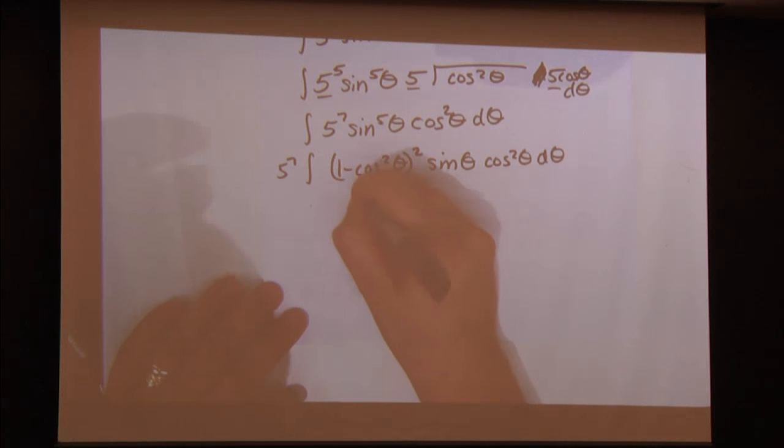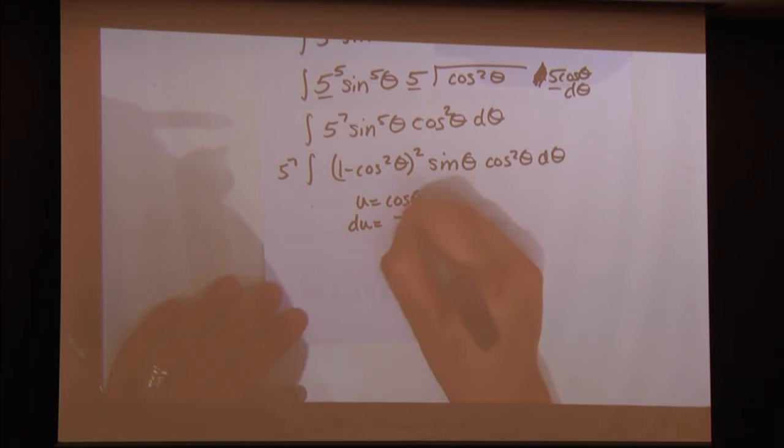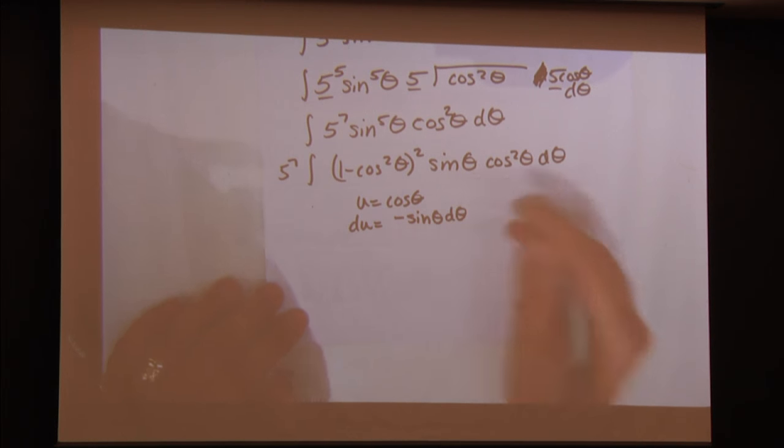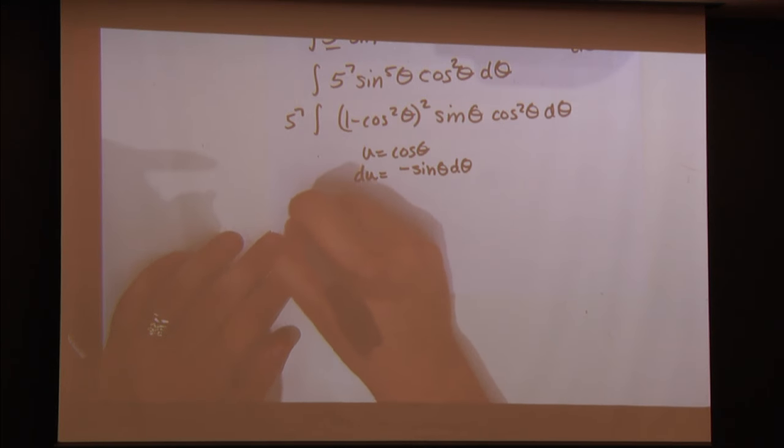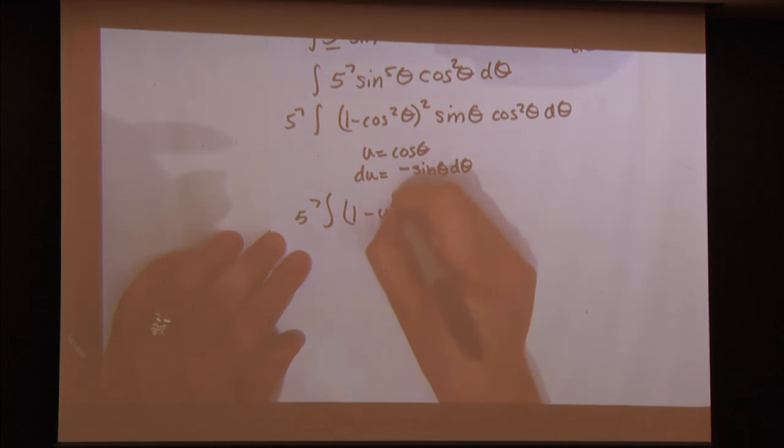Okay, so u is equal to cosine theta. du is equal to negative sine theta d theta. Squared.